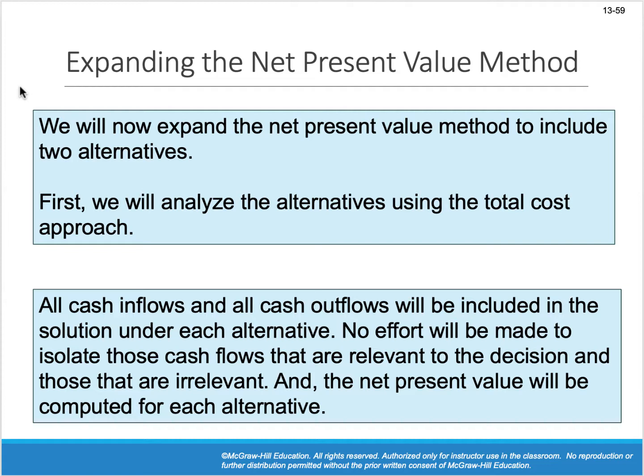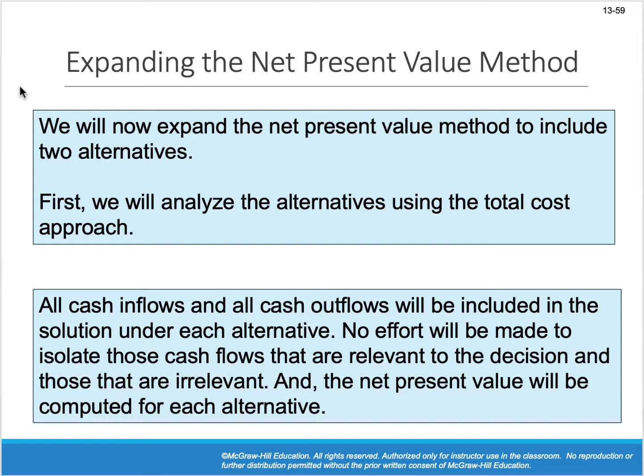So if we take the net present value method, we can actually expand on it. Okay, so what we're going to do now is expand on this NPV method to include two alternatives, right? The first alternative, we're going to analyze the alternatives using the total cash approach. Okay, what do I mean by total cash approach? Well, all cash inflows as well as all cash outflows will be included in the solution under each alternative.